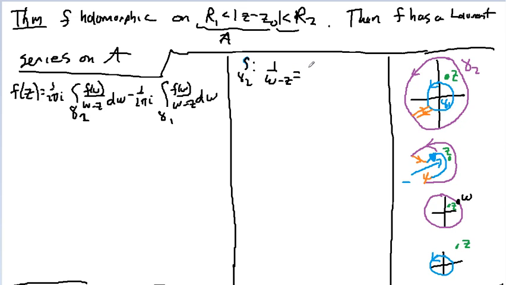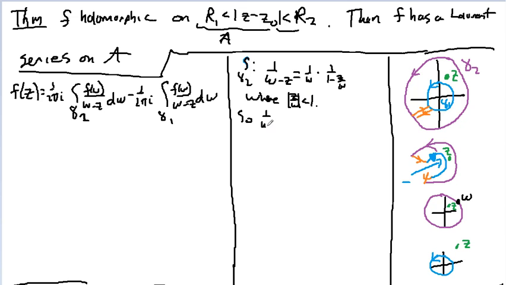This is going to be equal to, I can factor out a w, and I get 1 over 1 minus z over w. In this picture, z is closer to the origin than w, so the modulus of z over w has to be less than 1 because w is bigger.